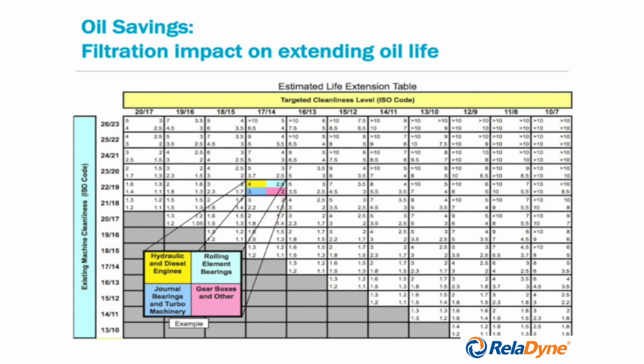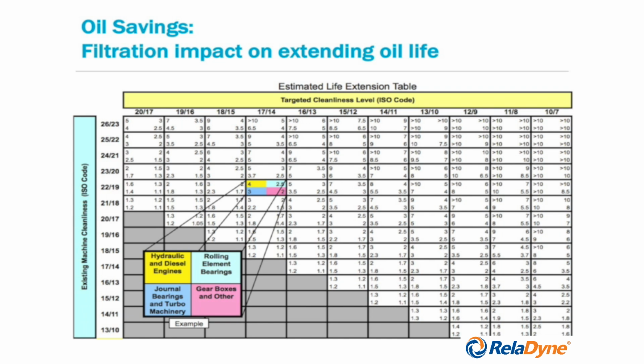We are looking at the impact of superior filtration, which we get with oil mist. And so on this table, it says near the top, estimated life extension table. And also right below it, it says the targeted cleanliness level according to the ISO code.